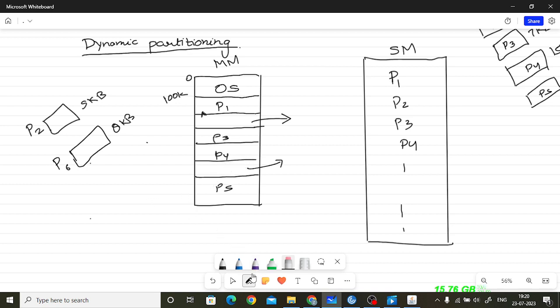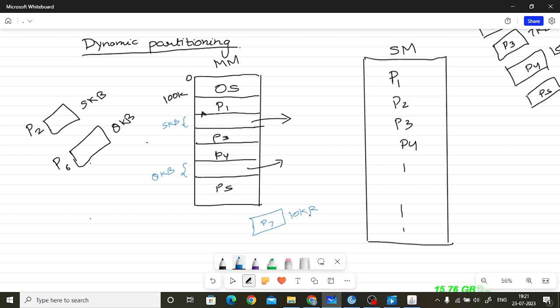So how much memory is freed? 5 KB of memory is freed here, and 8 KB of memory is freed here. Suppose the high priority process, or the next process to be accommodated, P7, is of size 10 KB.